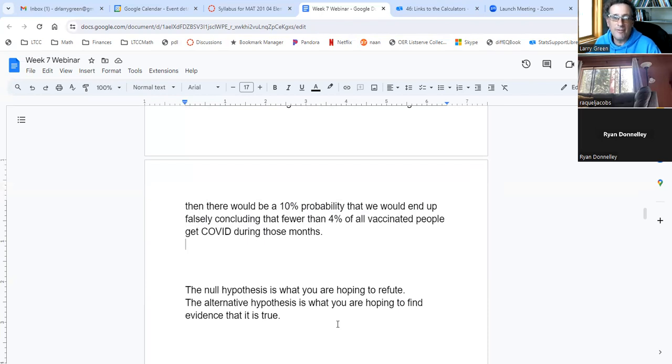You should never look at your sample, then based on the sample decide on hypotheses, then find the p-value and then decide whether to reject or not. That is wrong. You have to have your hypothesis before you look at your sample.